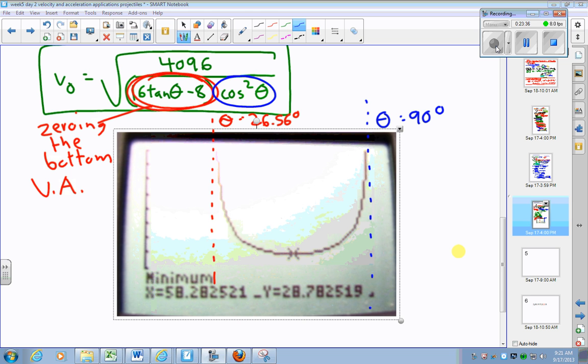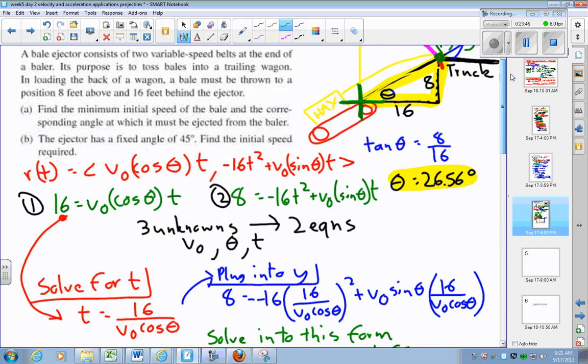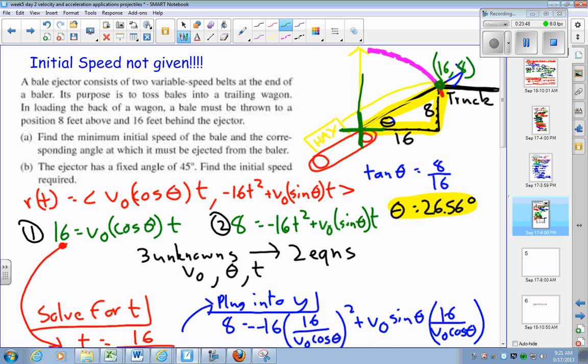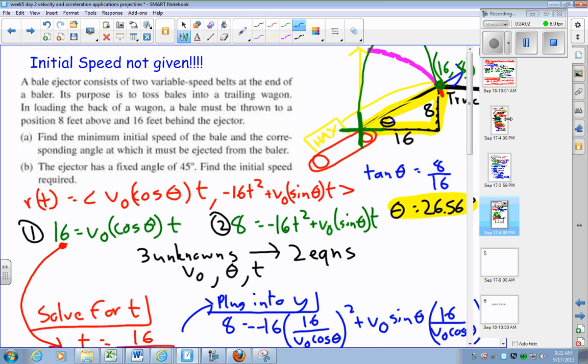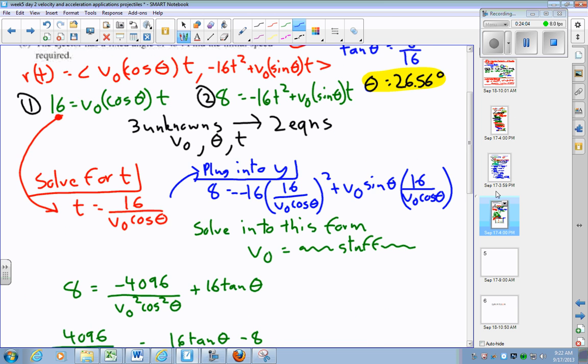Okay, so 90 degrees, you can't do it. That'd go straight up. But if it's 89.999, you could, as long as you had tons of speed, because that would look like shoot up, shoot up, shoot up, and it comes back down and hits. That's a big time speed. And then you can also do it with the bare minimum of that 26.56 if you had an infinite amount of speed. Okay?